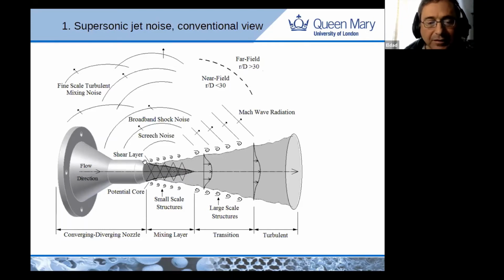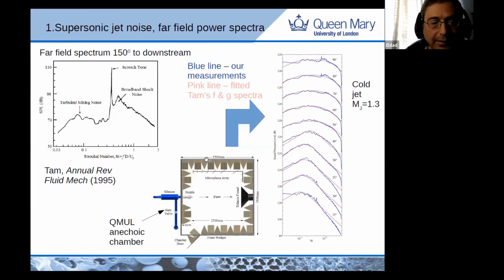And at the right frequency, it will interact with the lip of the nozzle, if the lip of the nozzle is thin enough, and that will create screech noise. That screech noise is a very discrete noise, and this has been quite well known since the 50s and 60s. In the last 30 to 40 years, people have also been looking at the fourth component, which is crackle, which I will talk about in a minute.